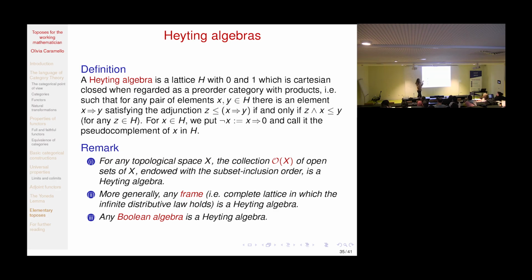They behave as elements of a Heyting algebra. So the underlying logic is an intuitionistic, constructive one. So this law you should forget when you work with toposes. In fact, it holds in some toposes, but most of the time it will not hold.